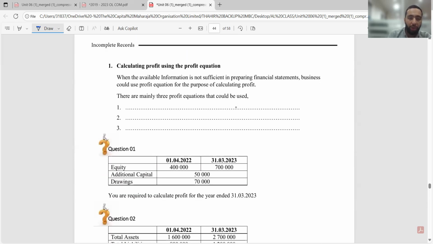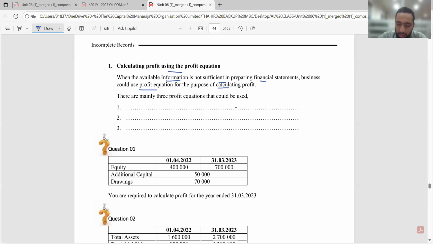Calculating profit using the profit equation. When the available information is not sufficient for preparing the financial statements, a business could use the profit equation for the purpose of calculating profit. There are mainly three profit equations.